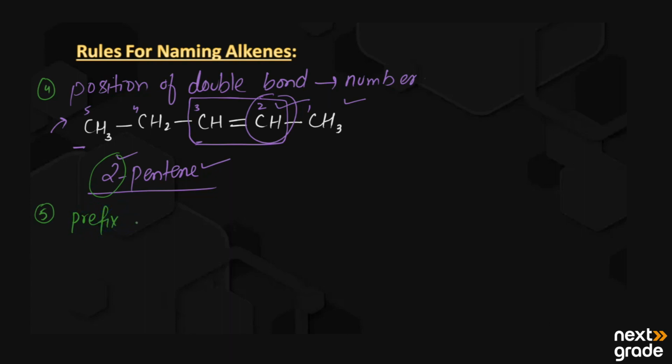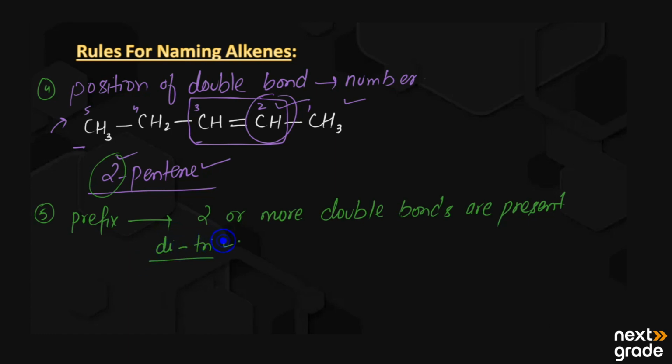Prefixes are used if two or more double bonds are present, then we need to use prefixes like di or tri.